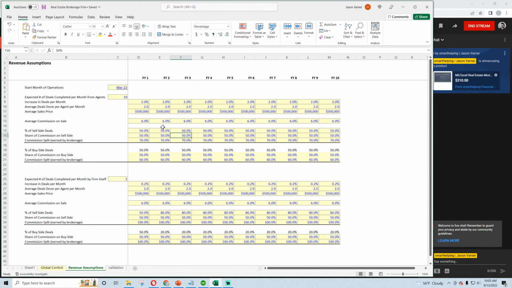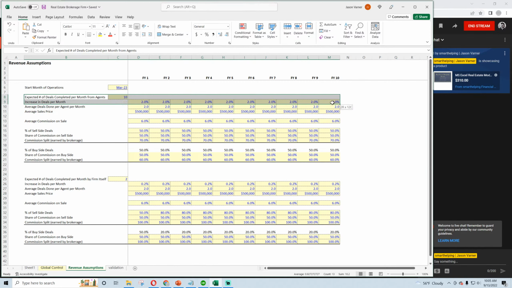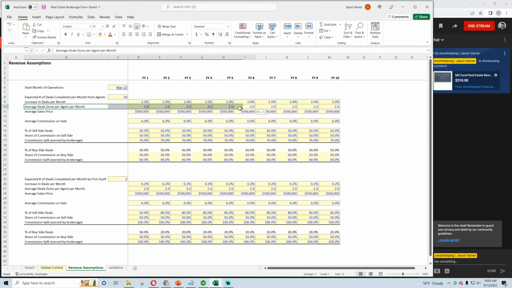So we figured out the economics: we're going to drive the expected number of deals completed per month from agents and how that grows over time. The average deals done per agent per month, because we might need some variable costs related to the agent count, so that will drive agent counts based on that ratio.